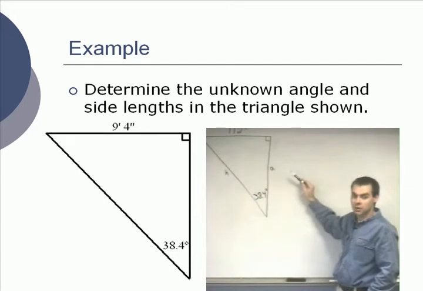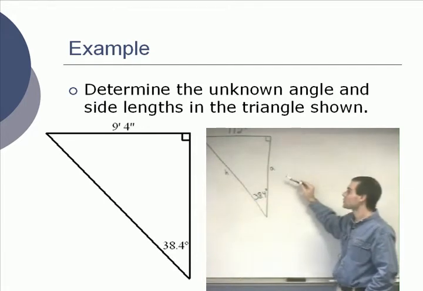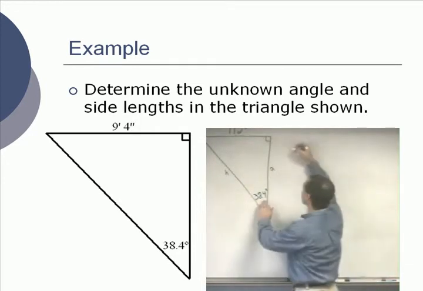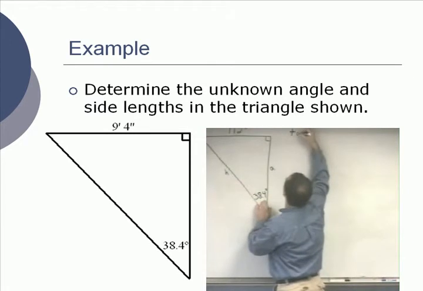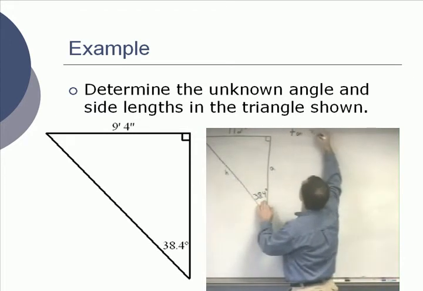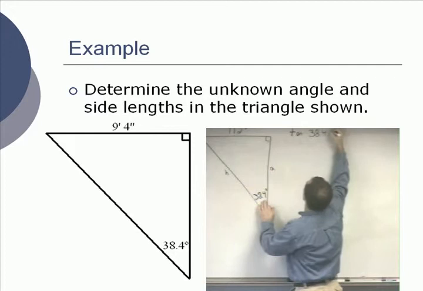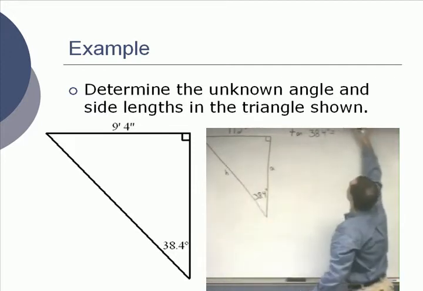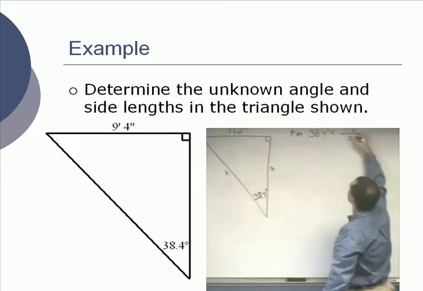So you need to choose which trig function will deal specifically with opposite and adjacent. Tangent. So we can conclude then that the tangent of 38.4 degrees is equal to the opposite side, which is 112, divided by the adjacent side, which we don't know.